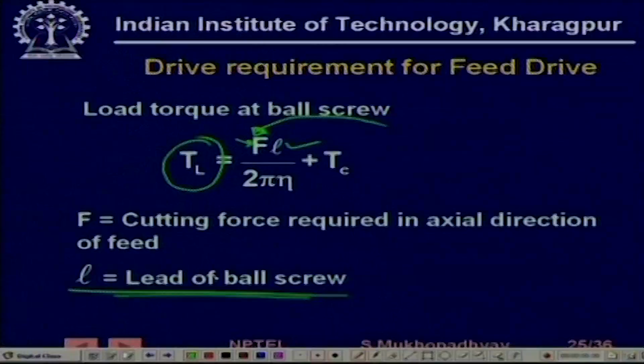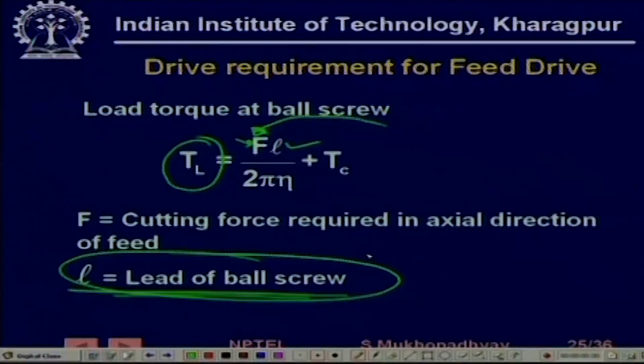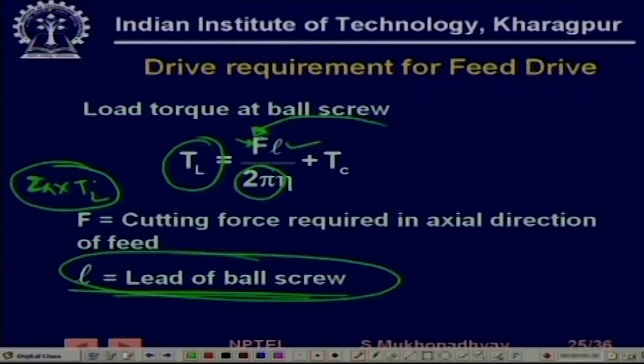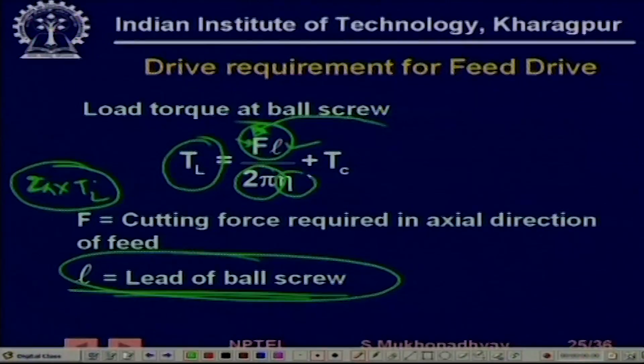So, if we have energy conservation, then F into the pitch of the ball screw must be equal to the torque, because one rotation is twice pi radians. So, twice pi into TL is the input energy. What is the output energy? The output energy is this force into pitch multiplied by some efficiency factor. So, input and output will have efficiency, plus there are certain other friction torques.